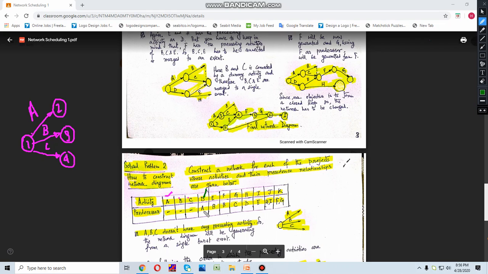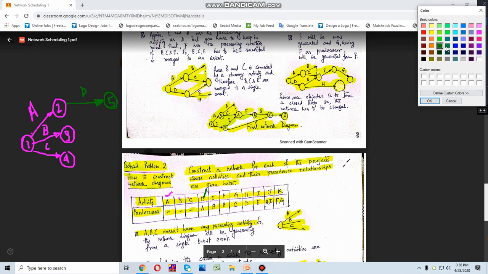Because the preceding activity of D is given as A, the predecessor of D is A, so it will generate from A. So just write down D here and write 5 here.